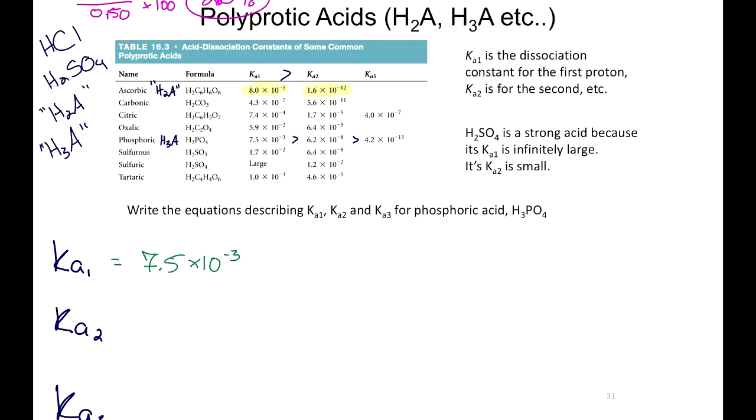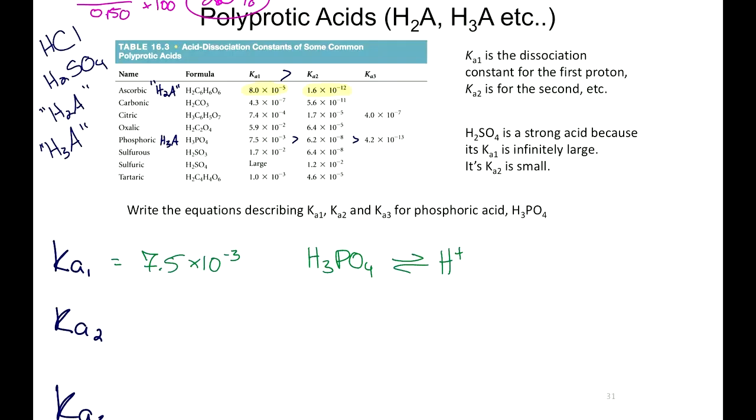So Ka1 describes taking off the first proton of H3PO4. We start with the full acid, H3PO4. When H3PO4 acts as an acid, it pops off an H+, because that's what acids do.